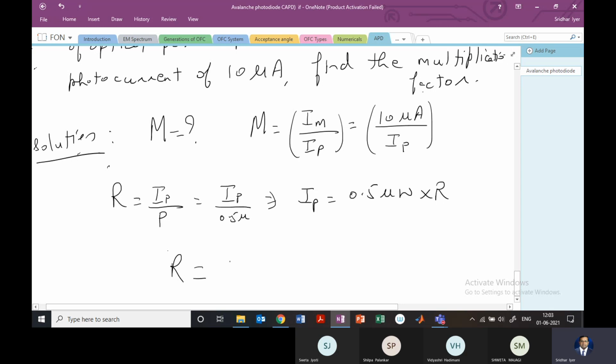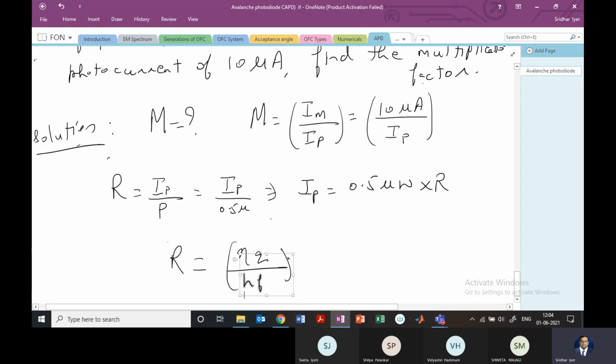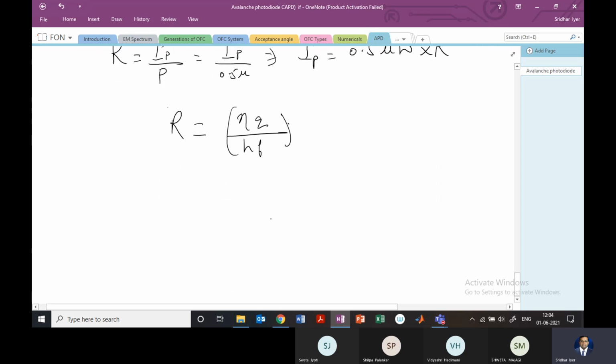R is nothing but eta Q divided by HF, into Pin. So overall IP will be eta Q divided by HF into Pin.